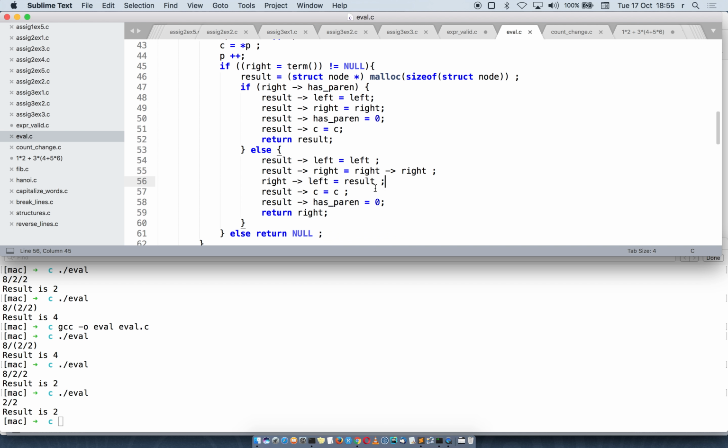That's the reason. Oh, but there's another thing now. So right has paren, right doesn't have paren, so I don't need to reset it.